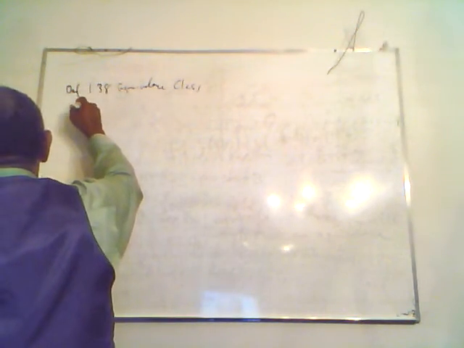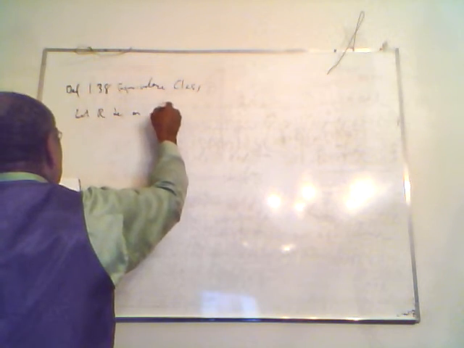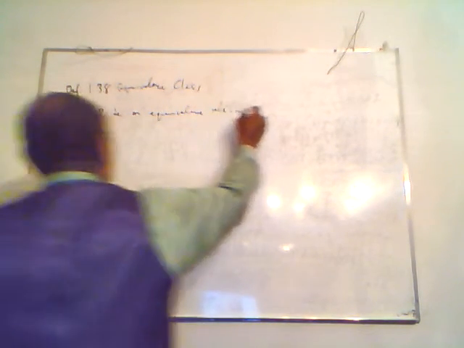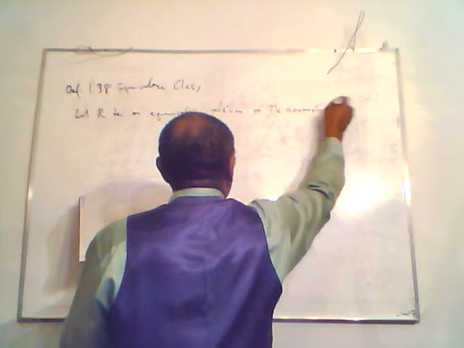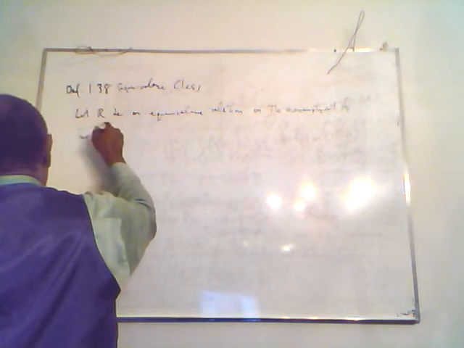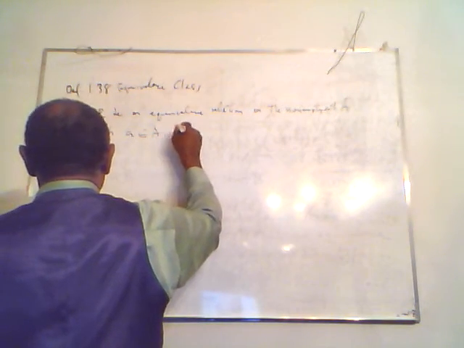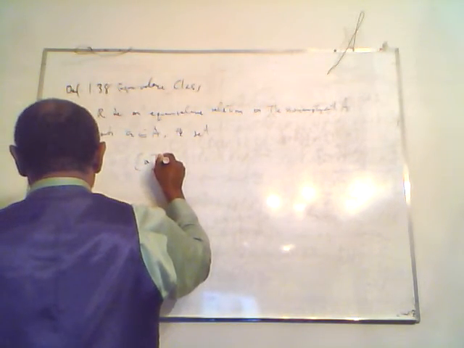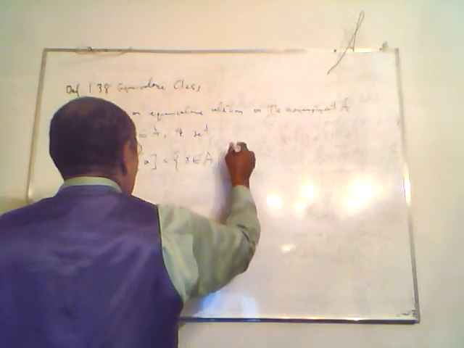Once again, the definition: let R be an equivalence relation on a non-empty set A. For each a, a member of big A, the set square bracket a equals the set of all x in A such that x relation a.